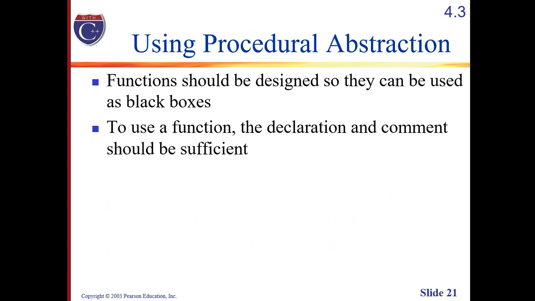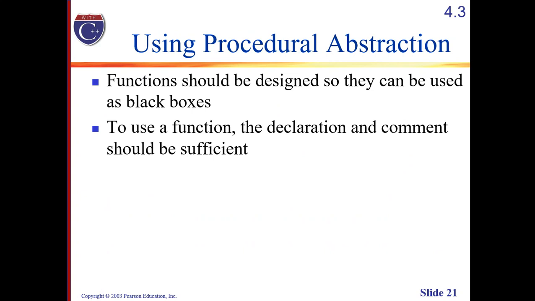What we mean by that is as long as the declaration is there and proper documentation via the comments is provided, that is enough to tell us what the program does as well as what it expects for input and the output that it is going to produce.